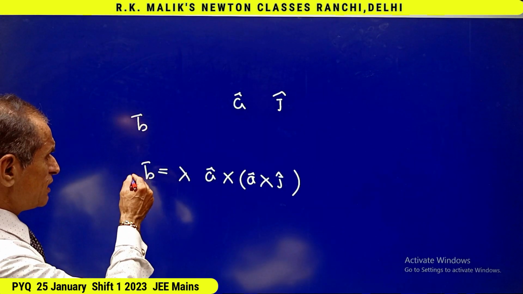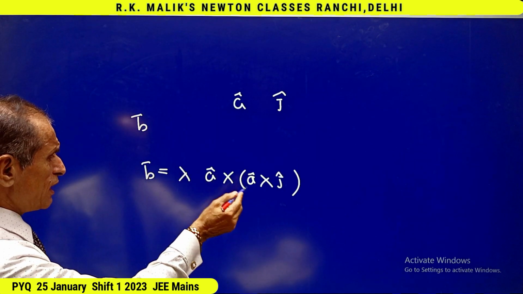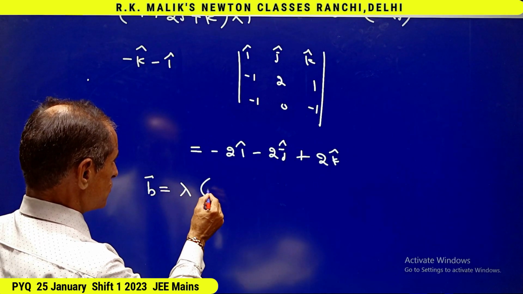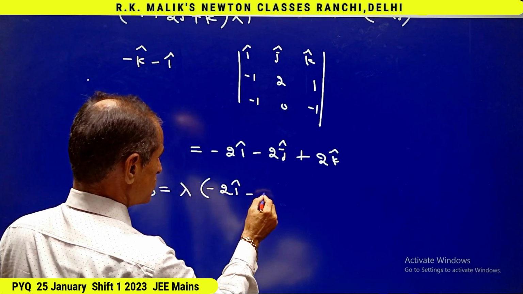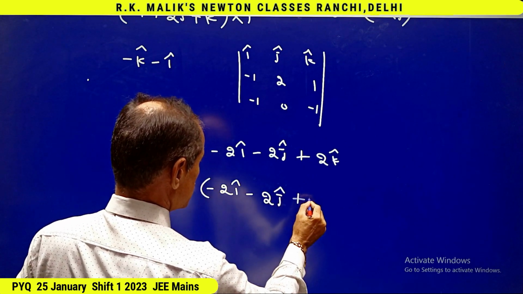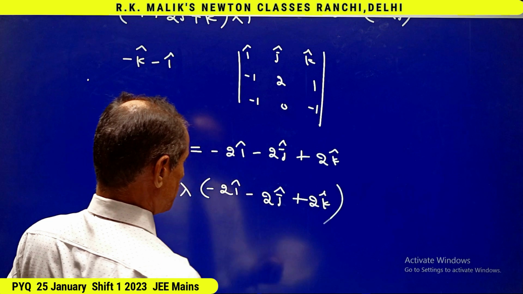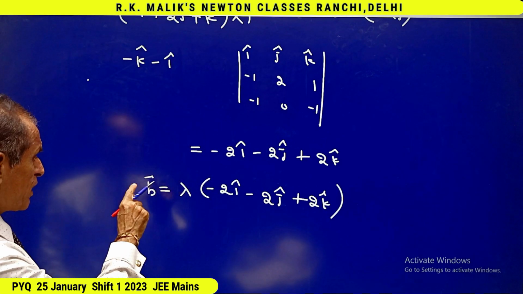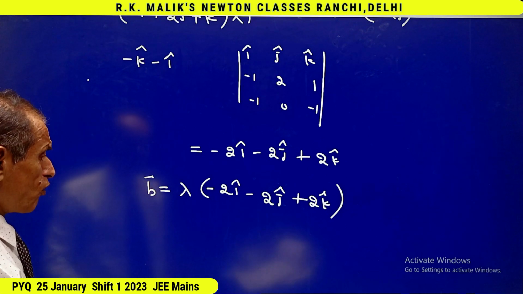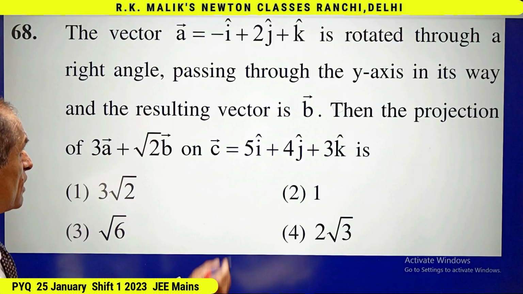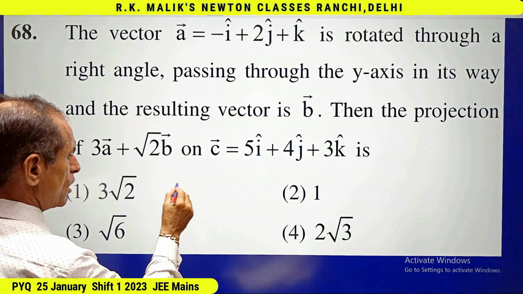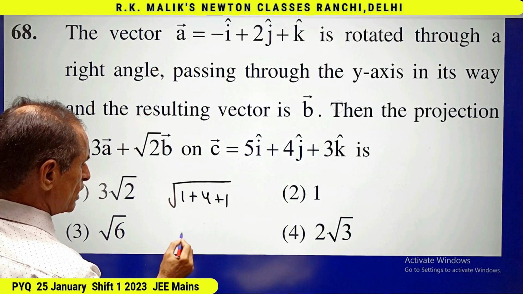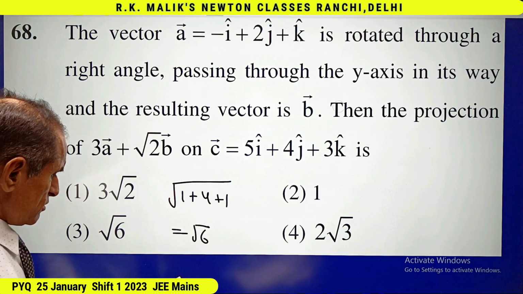And recall that I had taken B equal to lambda times A cross j. Hence, the value of B vector becomes lambda times minus 2i, minus 2j, plus 2k. And I will find the value of lambda so that the magnitude of B and the magnitude of A are equal. Clearly, the magnitude of A is under root 1 plus 4 plus 1, that is under root 6.